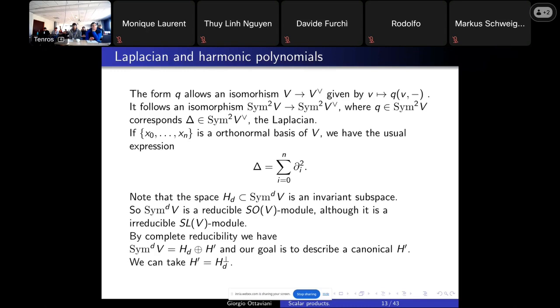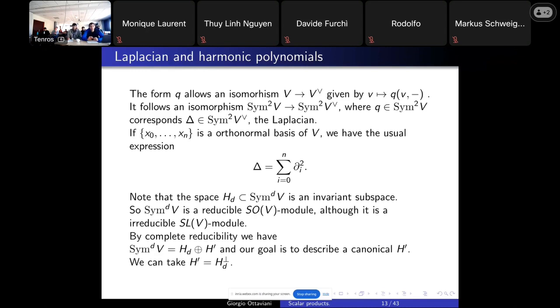Harmonic polynomials in any optimization procedure are quite a thing to be underlined. So the symmetric space splits in the space of harmonic polynomials and its orthogonal.